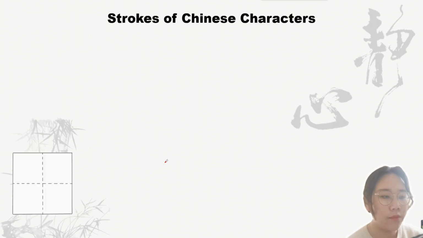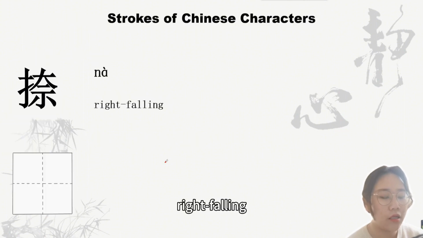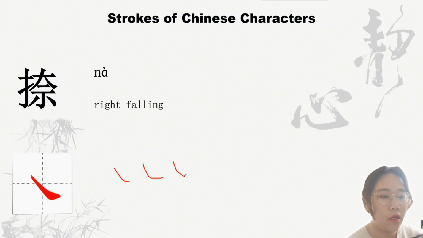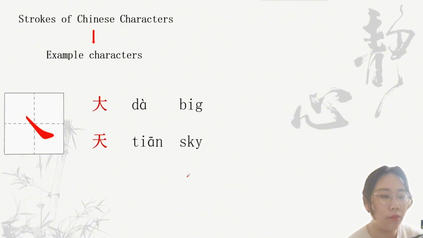Next, 捺, right falling. Start at the top left and end at the bottom right. For example, 大, big.